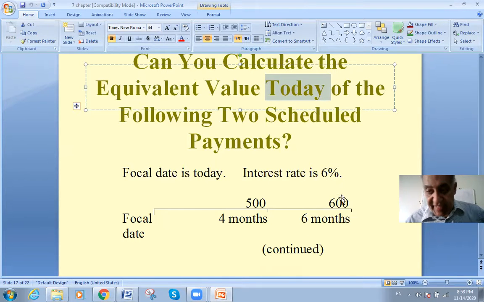I owe the bank, as an example, $600 after 6 months. I just want to know what is the value of this $600 today. If I pay them today, the bank will give me a discount. They will be, of course, less than the $600. So let's go for the solution.